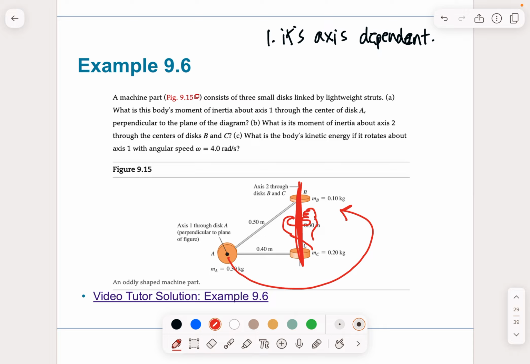Because it has two, if not more, places I could rotate it. So each place that I could rotate it is going to give me a different moment of inertia. Does that make sense? So now that I kind of broke that down for you, I want you to DIY this. Okay, definitely do this one. And understand every step, because this is definitely an exam type question.